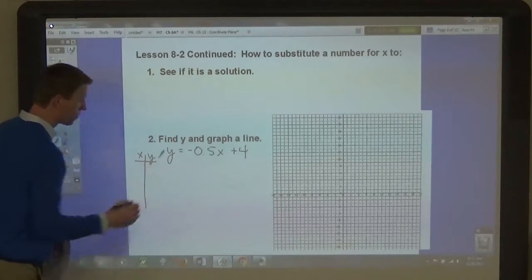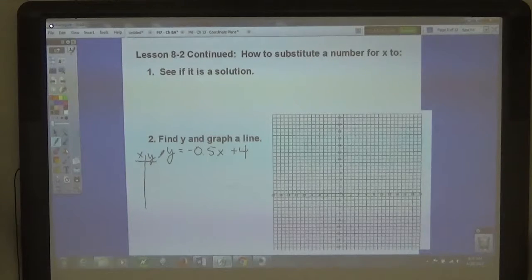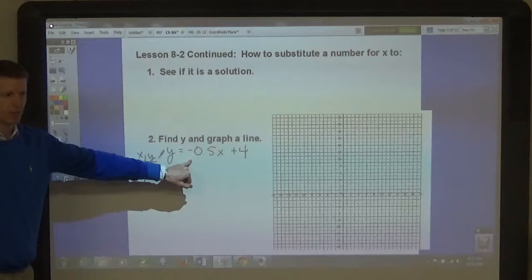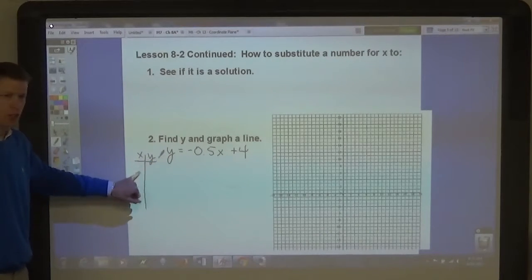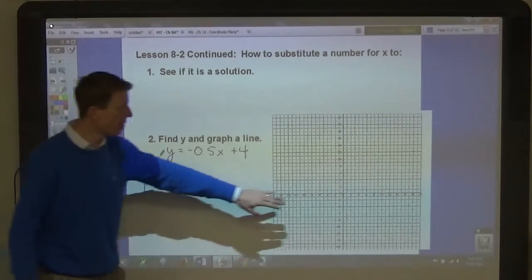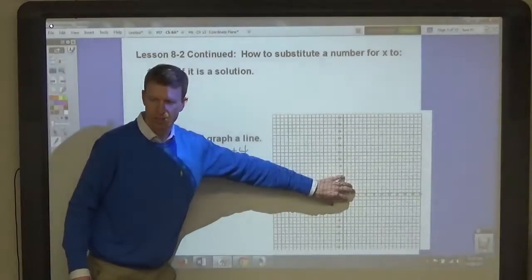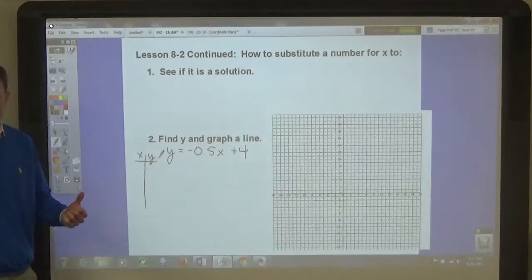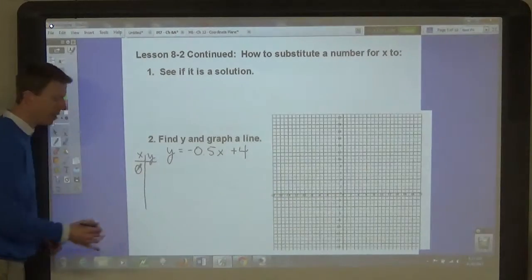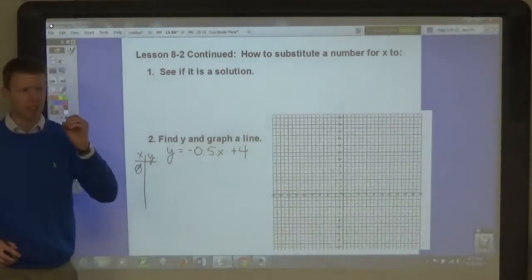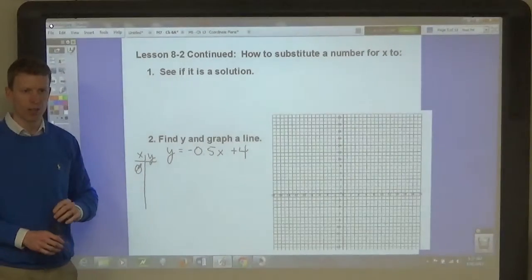Now, in this case, we're going to choose values to put in for x. Whenever you're choosing numbers, you can choose any numbers you want, just find numbers that fit on the graph. So it's best to choose simple numbers to work with. 0 is always a really good number to work with because 0 times any number is 0. So that's an easy one to work with.